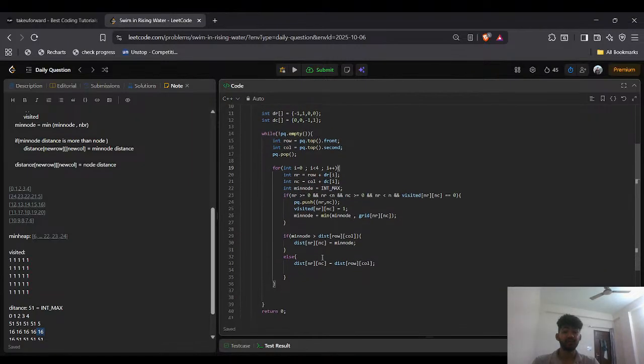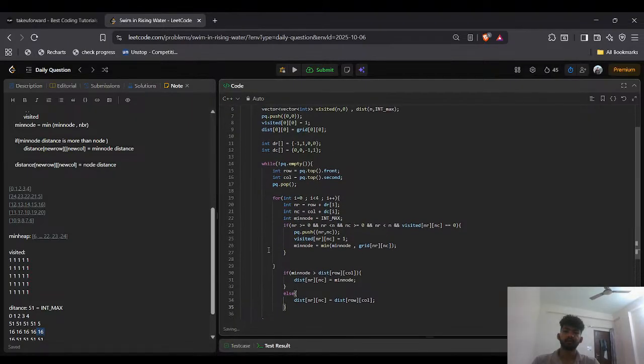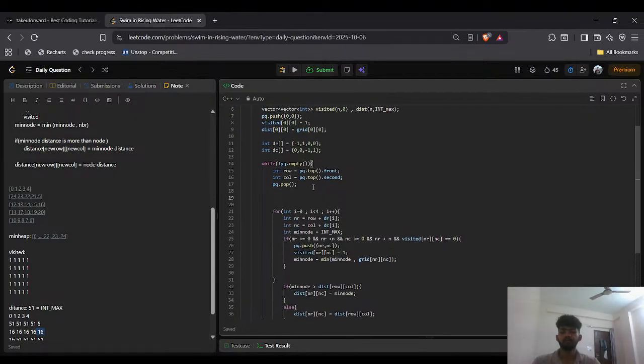We need to do this thing after the loop, then it will work. I hope this will do our thing, and we can return from here if, sorry, row and column equal n minus 1.